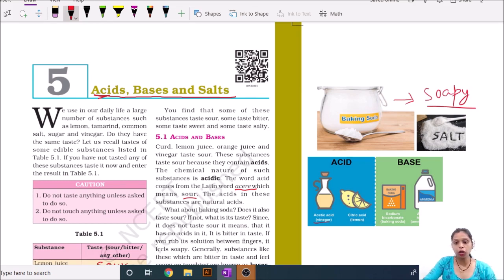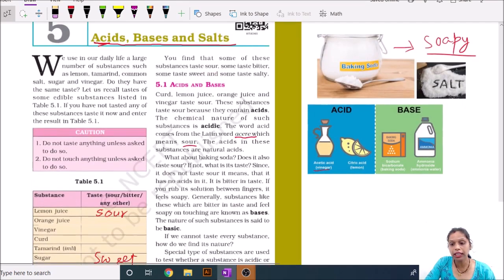Whereas whenever you taste vinegar and lemon, you feel that they are sour in taste. So these substances have an acidic character.